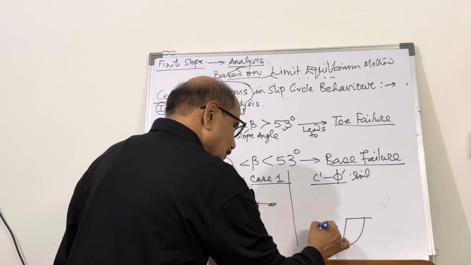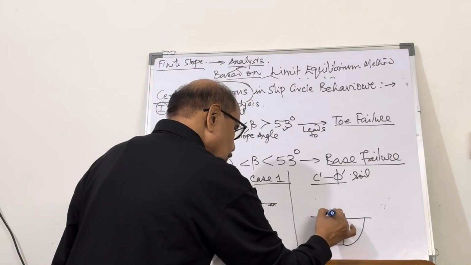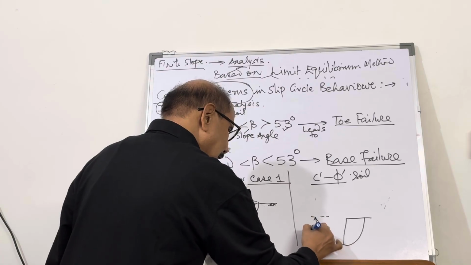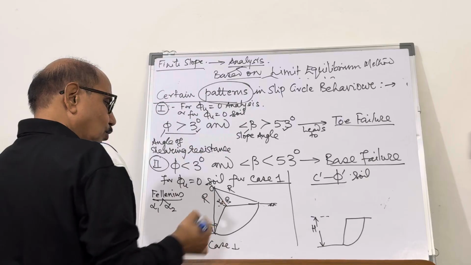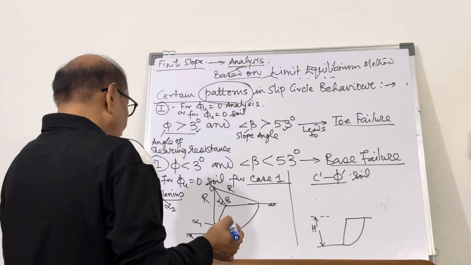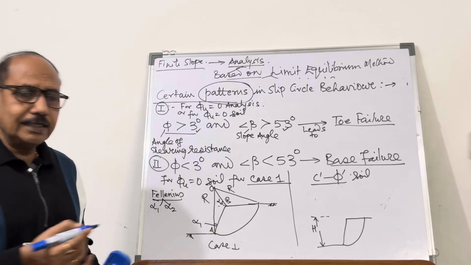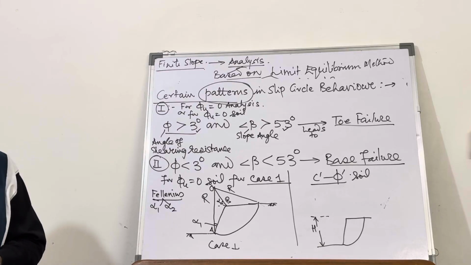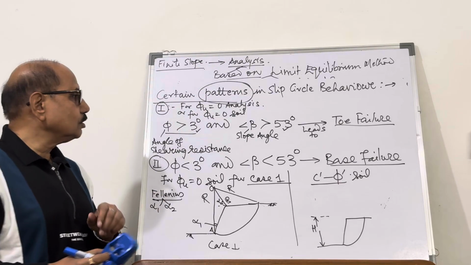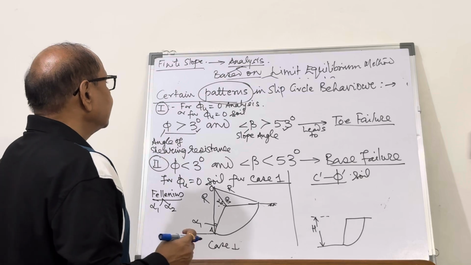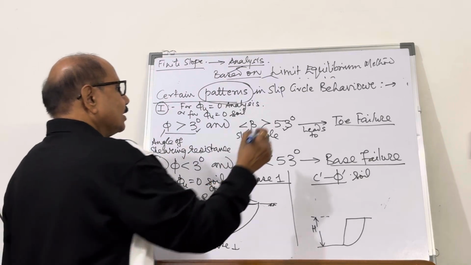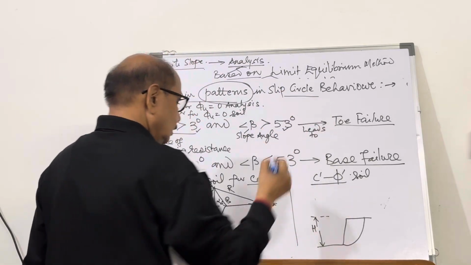The height of the slope is known to you. H is the height of the slope. So how will you proceed? For the condition, when, how will you find out? How will you locate the slip circle, critical slip circle?